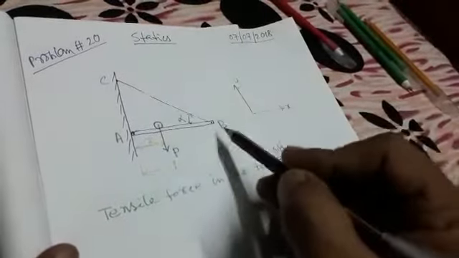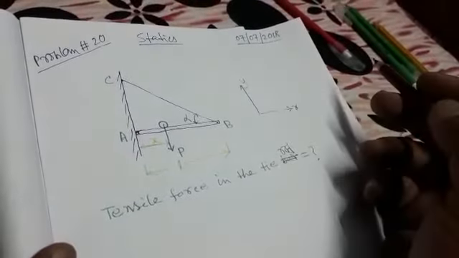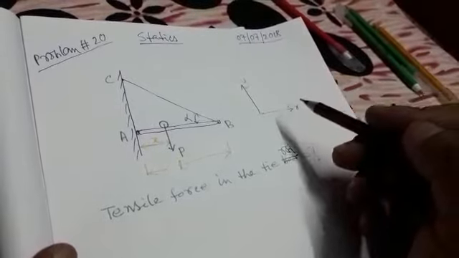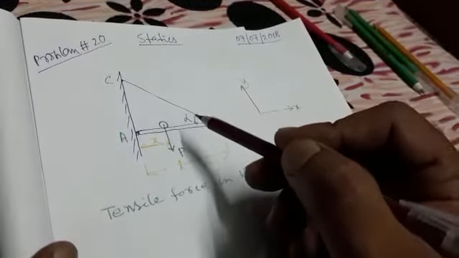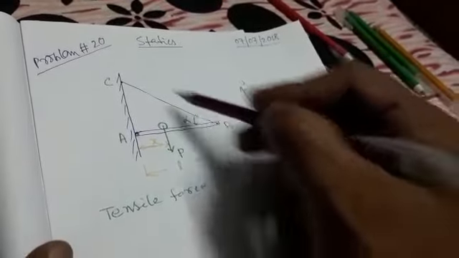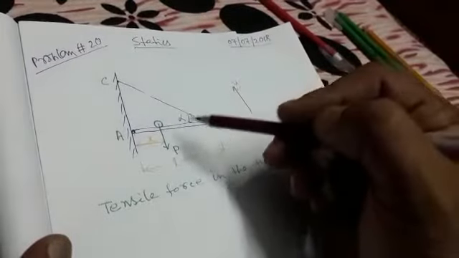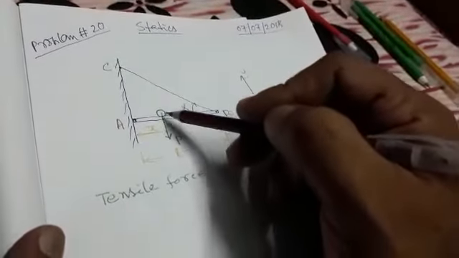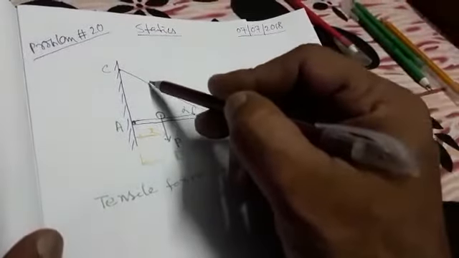So here AB is horizontal, and I have taken the x-axis to be horizontal, y-axis to be the vertical one. And here the reaction at A, its magnitude is not known, but direction is known. The tensile force in the BC tie rod will be along BC. Now, if you extend the line of action of weight P in the vertical upward direction, it will meet somewhere here.